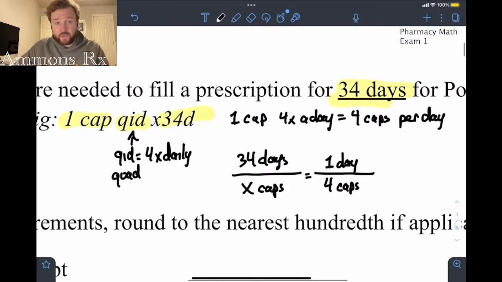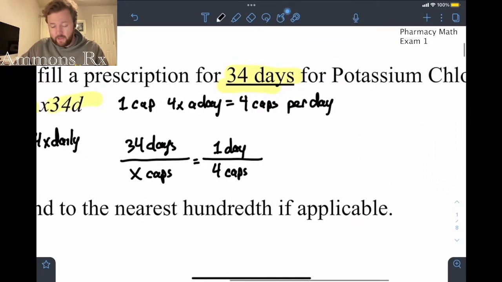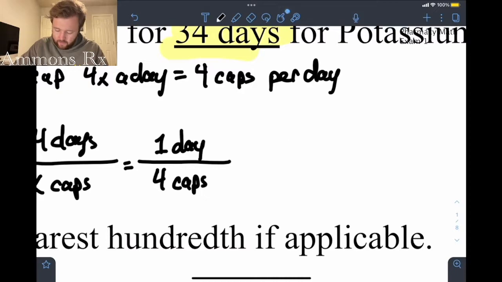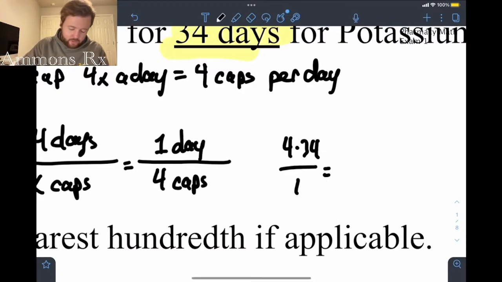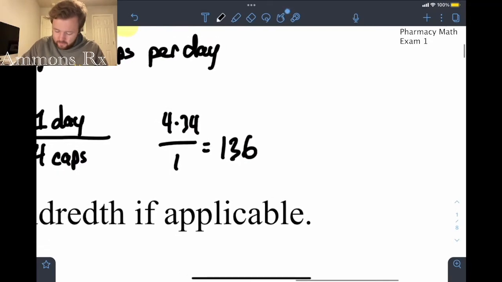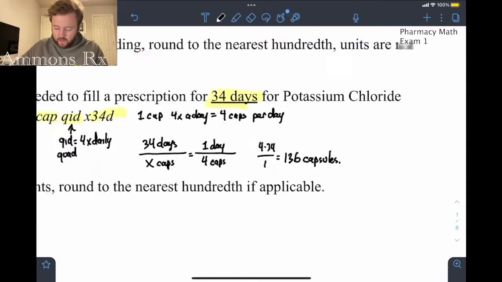So that side says how many do we take in a day. The other side is how many do we need to satisfy 34. So that turns into 4 times 34 divided by 1, which is 136 capsules. A lot. Okay.